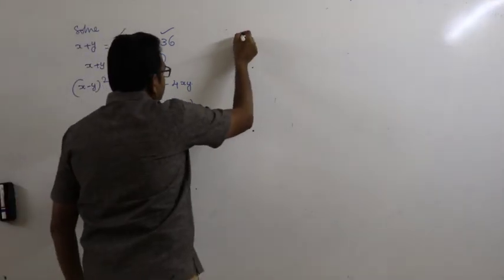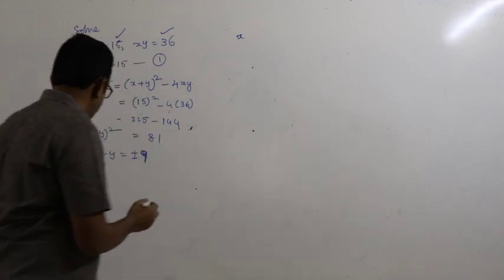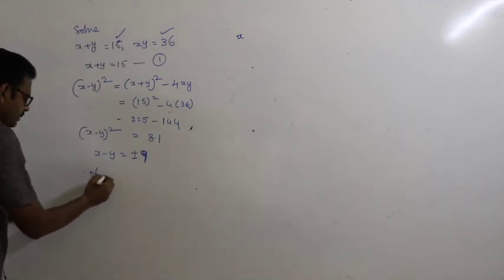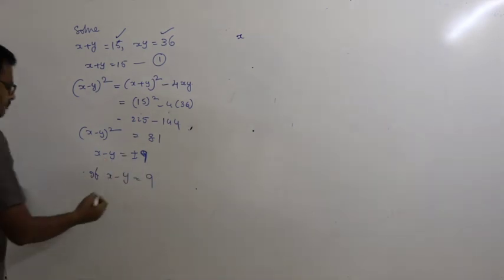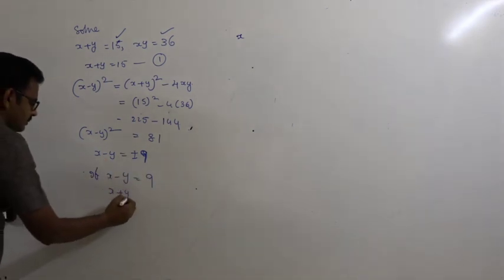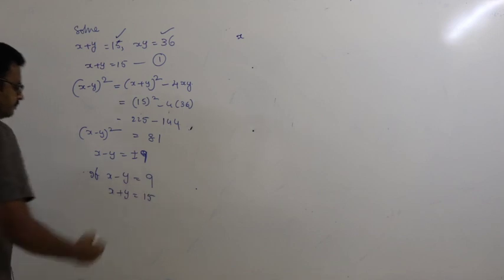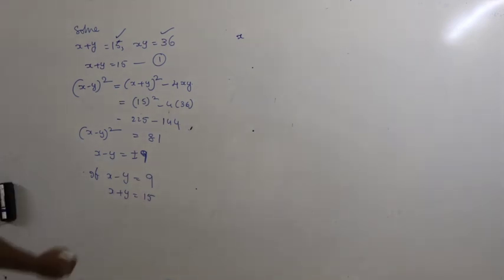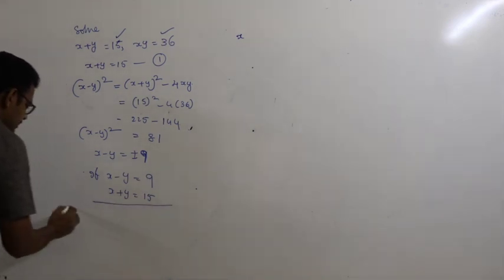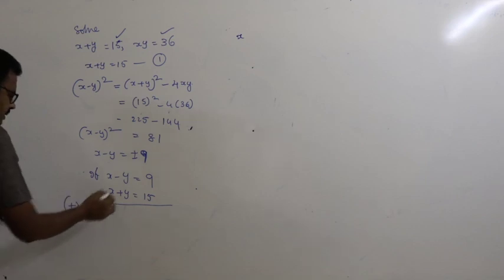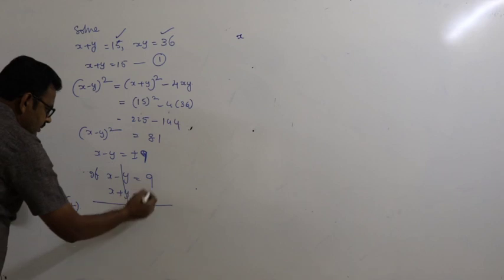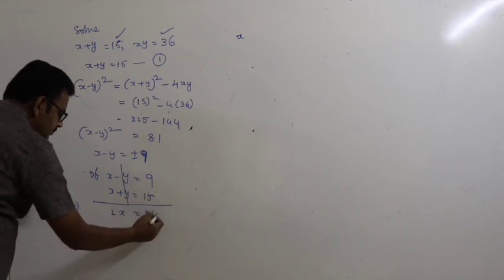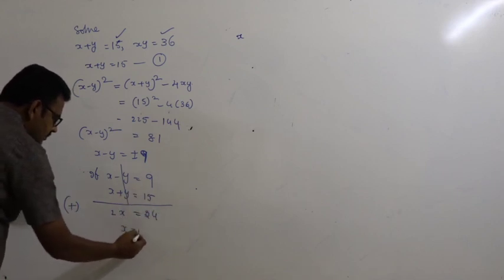If we take the positive value 9 for x minus y, and x plus y is equal to 15, by solving these two, that means adding the two equations, y and minus y cancel, 2x is equal to 24, x is equal to 12.